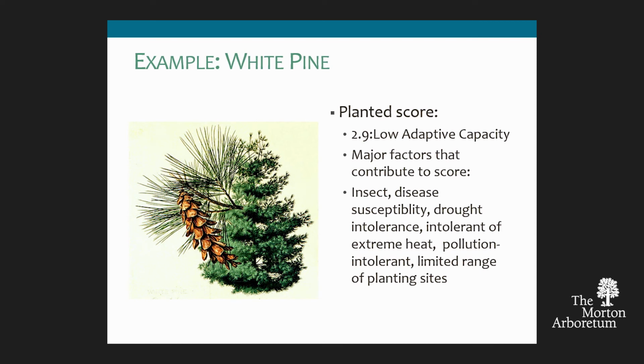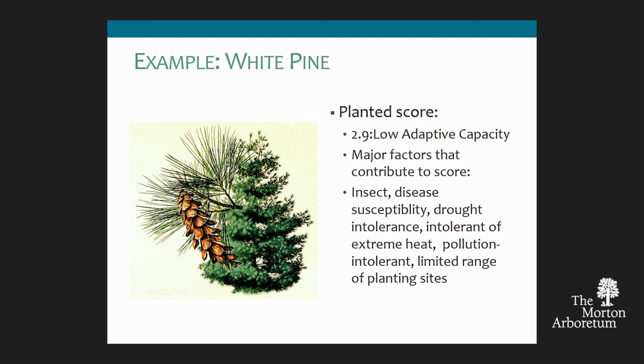So an example of what we're finding, this is for white pine. This is one of our lowest adaptability scored species. So white pine has a number of things going against it. High insect and disease susceptibility, relatively drought intolerant, intolerant of a lot of the extreme heat that we're expected to see here.